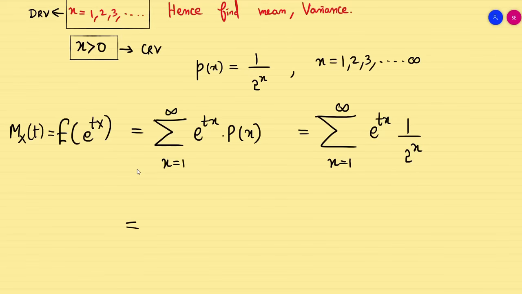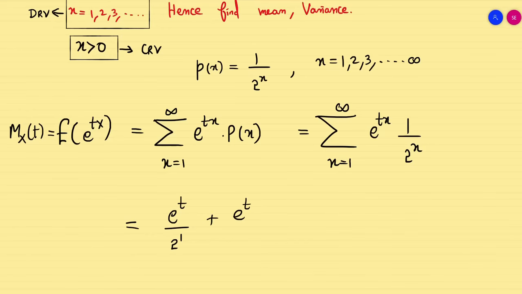Okay, so now I want to find the general term, I want to find the function, not the summation. So first, to find the summation, we have to expand this. Put x equal to 1, I get e power t by 2 power 1.